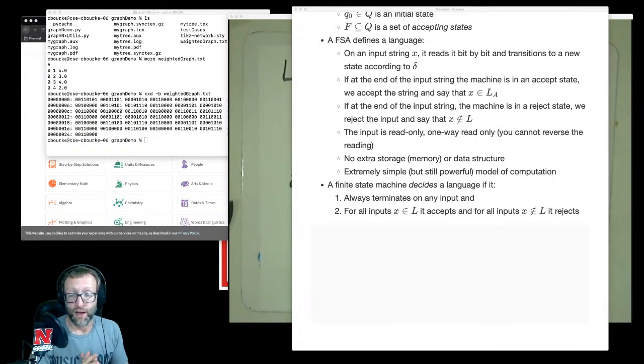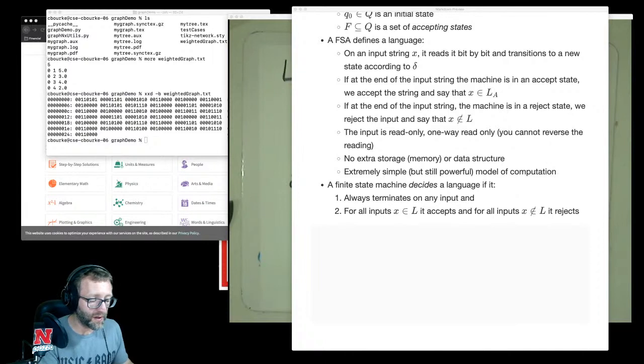That's always going to be the case with a finite state automaton because of how we defined it. It only reads the input once. It never goes back and forth, and therefore there's no possibility of it getting stuck in an infinite loop. It's powerful, but still simple, and too simple for our needs.